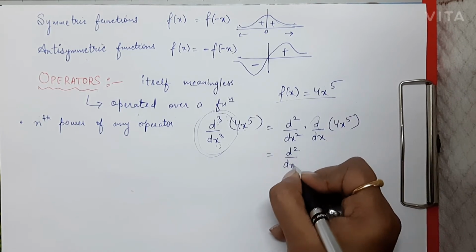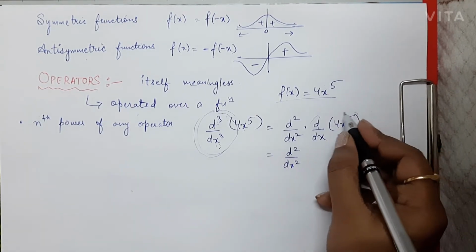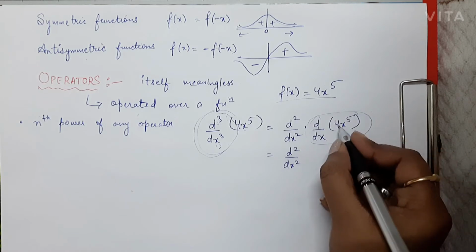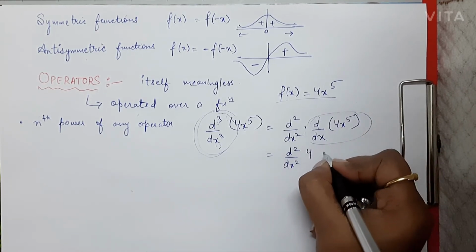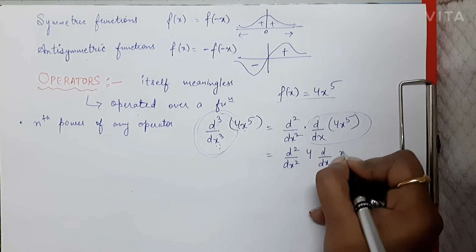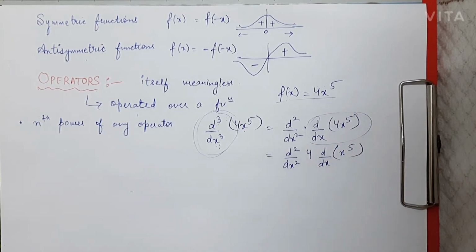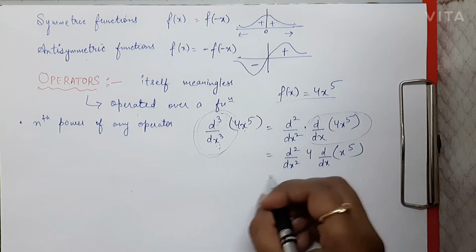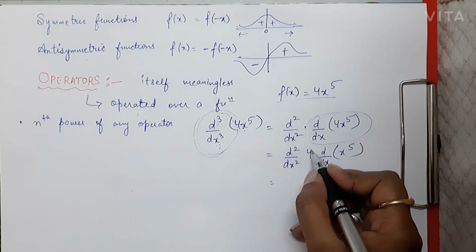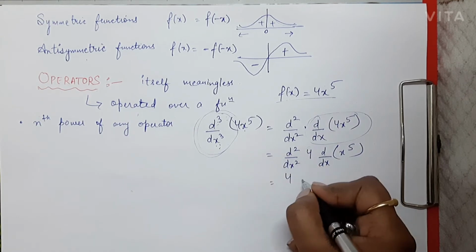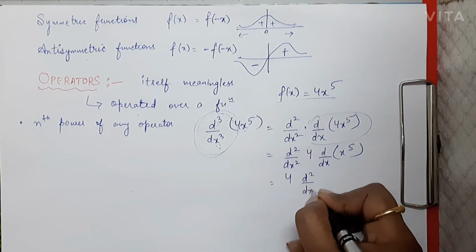Now what result I'll be getting is this part remains as it is. Now differentiation of this function, 4 is a constant, so 4 will be out. Now what we have to do is d by dx of x to the power 5. Constant is never differentiated, it is removed out. Now I'll remove this overall out, 4 d square by dx square.